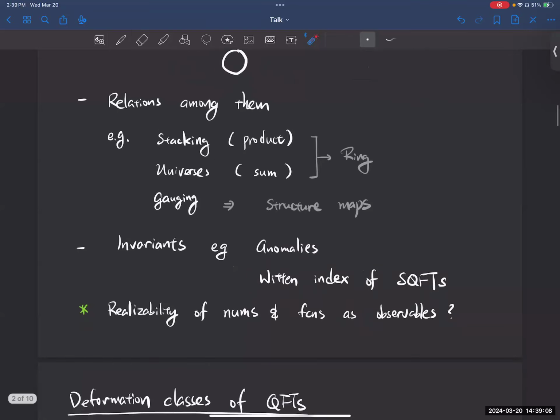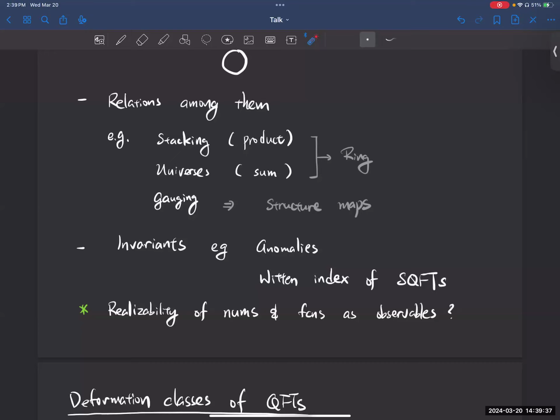Then there are various questions. For example, for SQFTs, are there invariants beyond Witten indices? We know that the Witten index is a number. In a more general context, you can have something like the elliptic genus, so you can refine this number into, say, a modular form, or some other refinement.